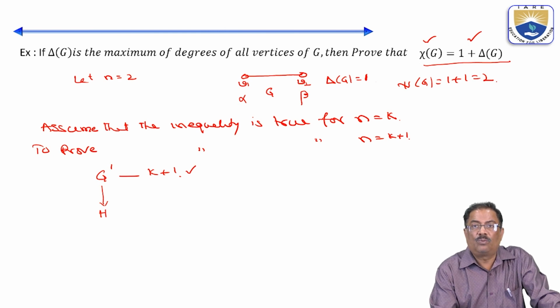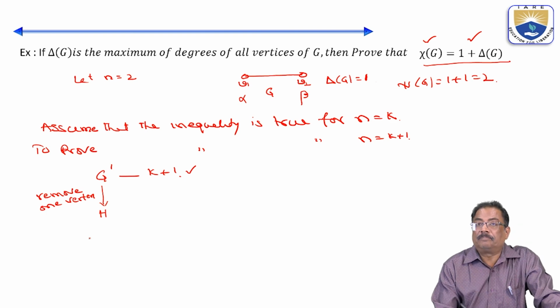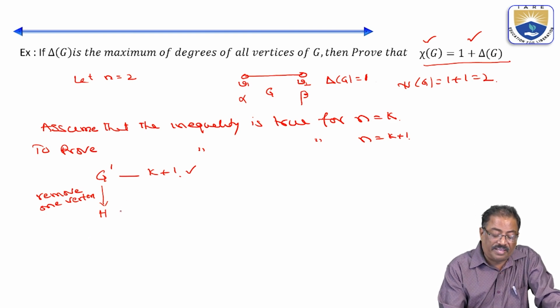If I remove one vertex, then the reduced graph is H, and of course it is having k number of vertices.